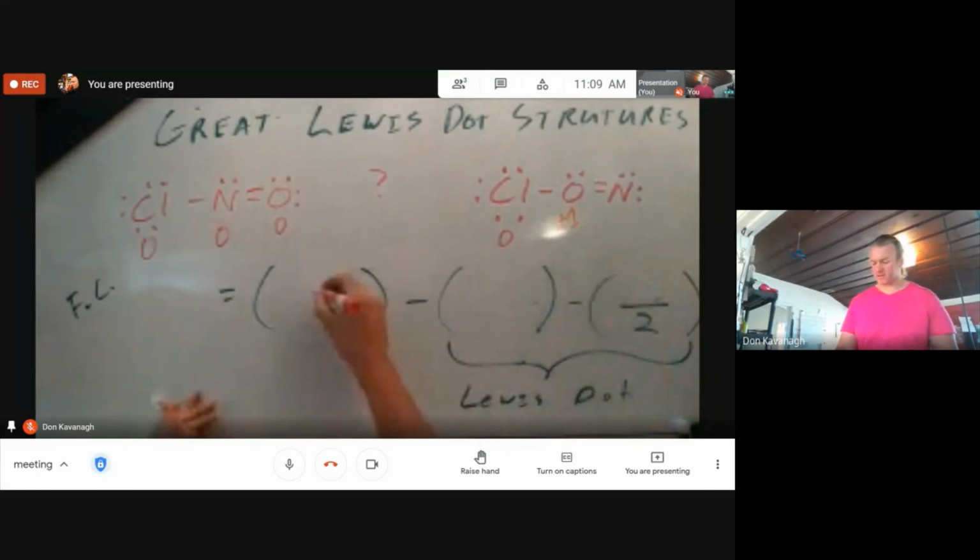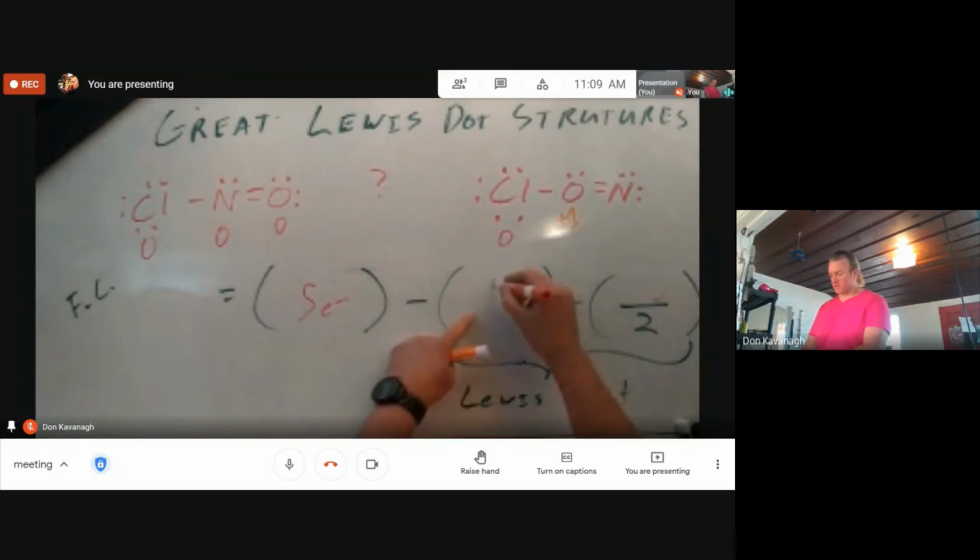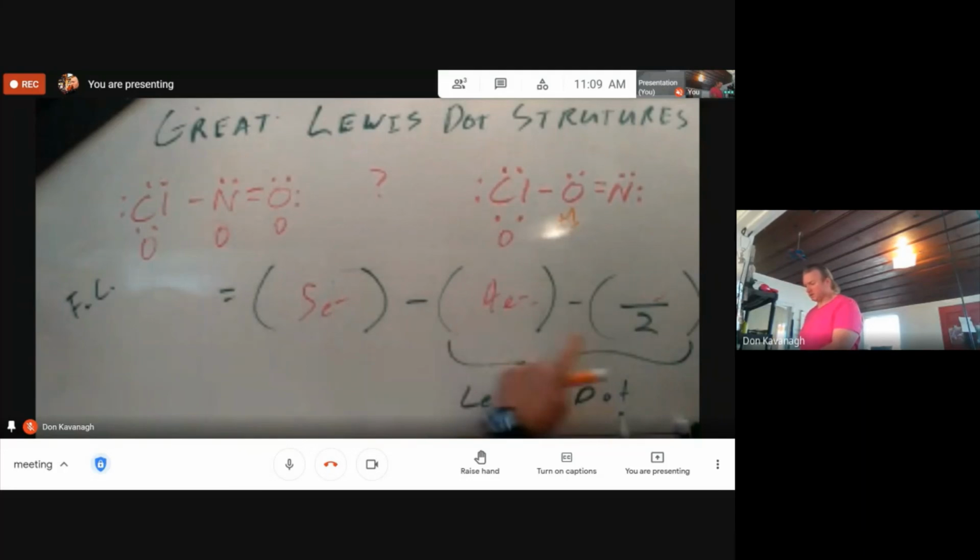Nitrogen from the periodic table has 5 valence electrons. In this Lewis dot structure, nitrogen has 4 electrons in lone pairs, and 4 electrons in covalent bonds.